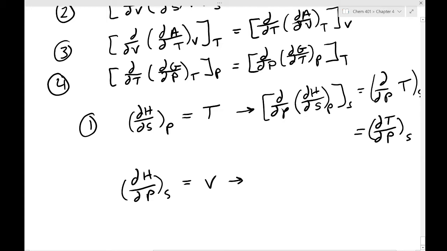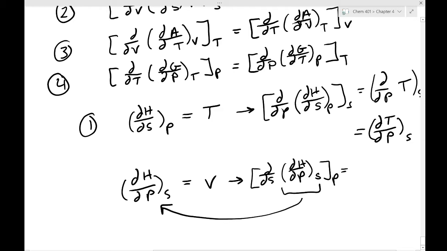So then the change with respect to entropy of the change in enthalpy with respect to pressure at constant entropy at constant pressure is therefore equal to the change with respect to entropy of volume at constant pressure.